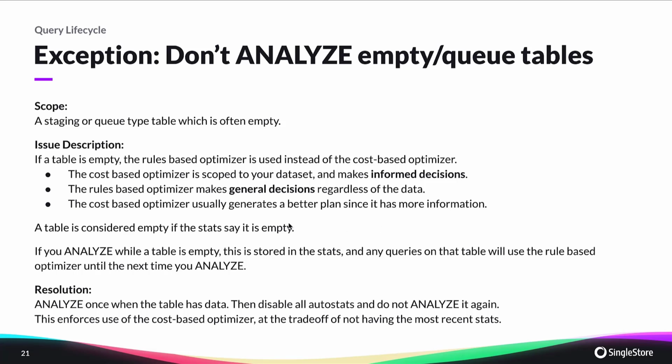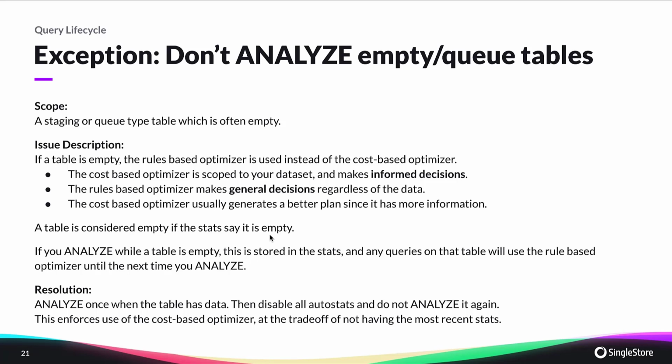But if a table is empty, the cost of running any operation on it is going to be 0. So it doesn't really make sense to consider its cost because it will always be 0. So in that case, we don't use the cost-based optimizer, we use the rules-based one. The thing is, a table might not actually be empty, but the stats could say it is empty.